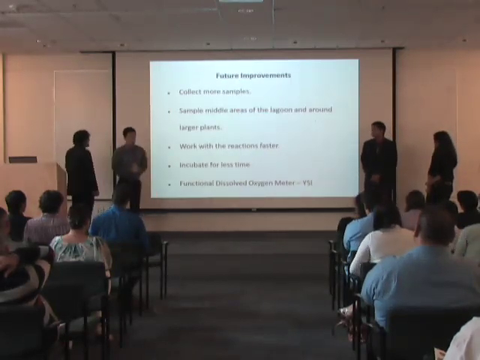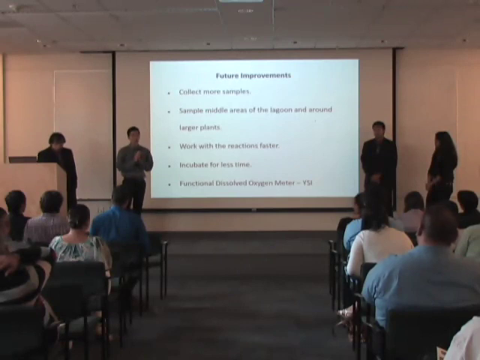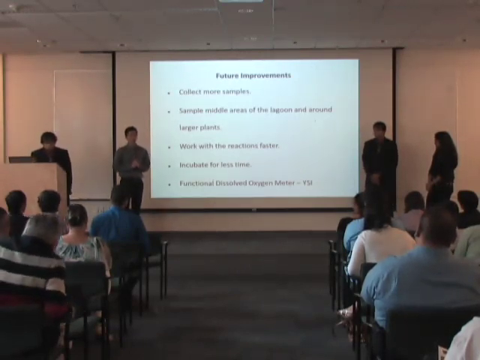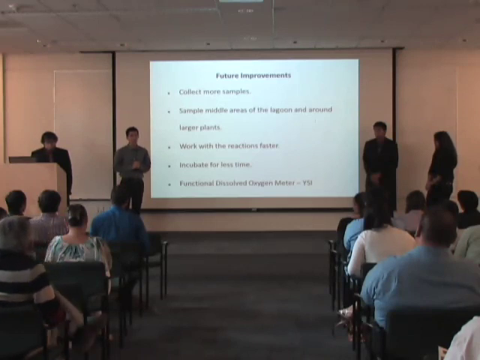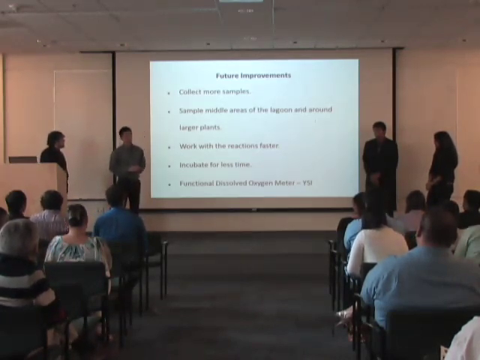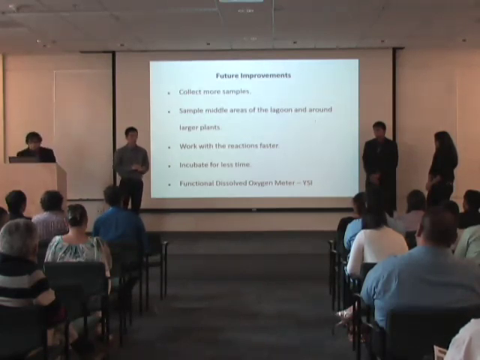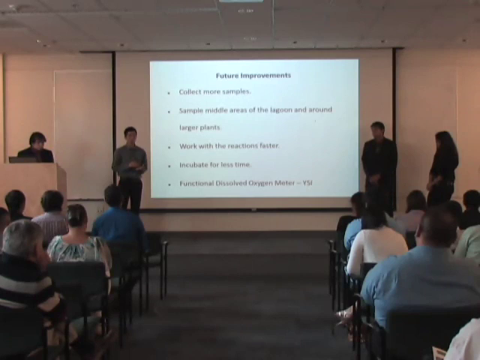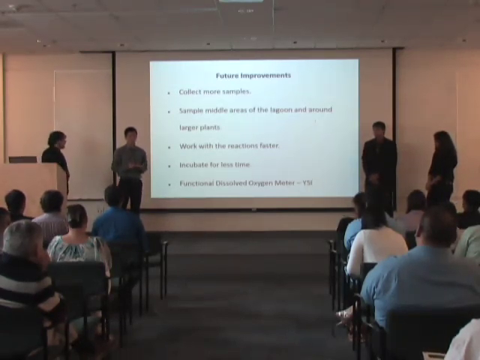And future improvements. If we can collect more samples of the lagoon, we can have better averages for our calculation. Since we took water samples from the edge of the lagoon, in the future we need to get more samples from the middle of the lagoon where larger plants are growing and producing more oxygen.